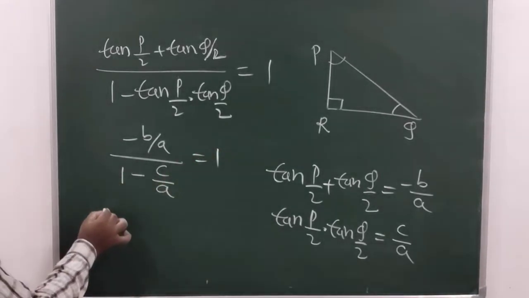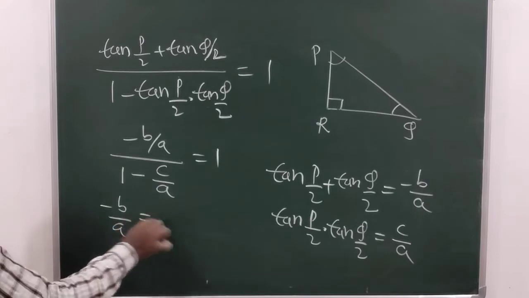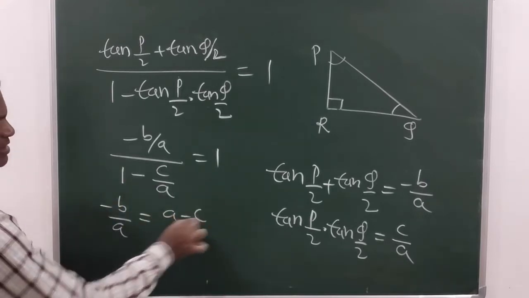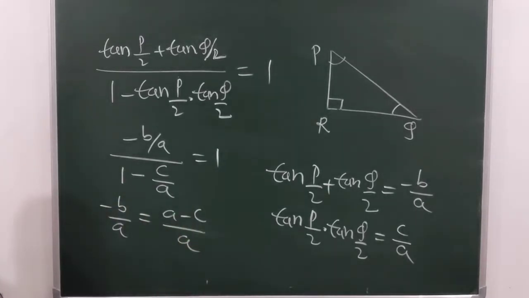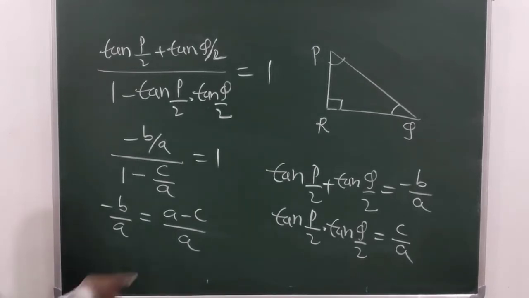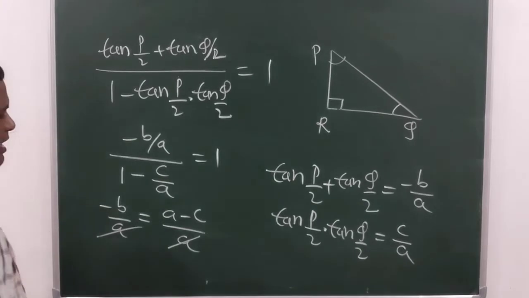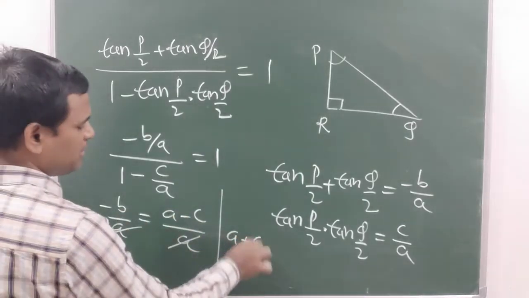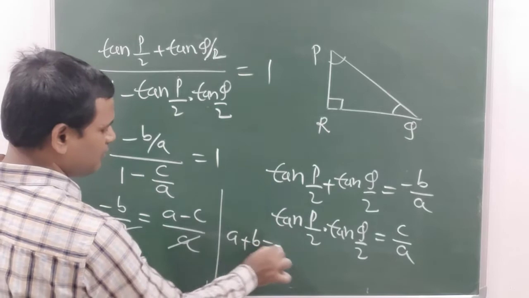Now simplify. Minus b by a is equal to a minus c by a, you will get. Okay, right. Now this a gets cancelled. So what are we getting here? When you transfer this to the right side, a plus b is equal to c we will get.